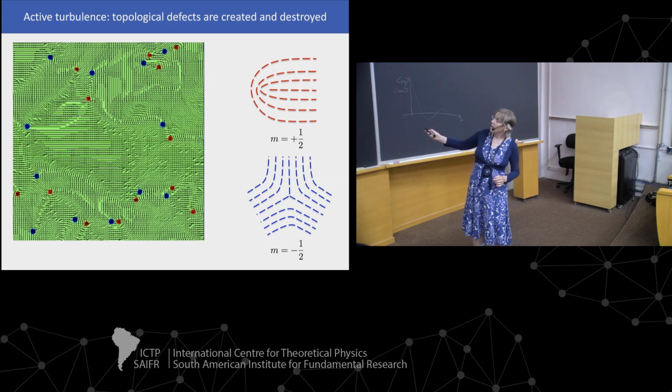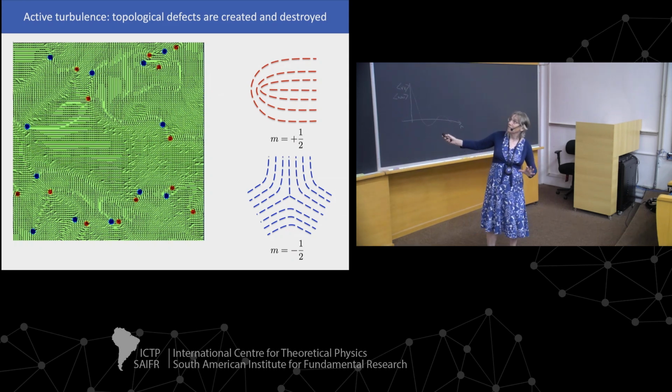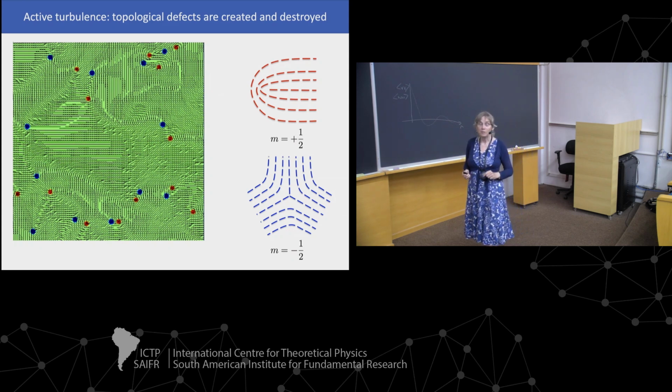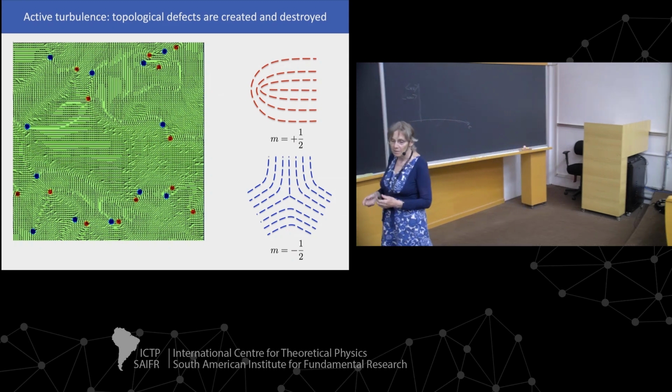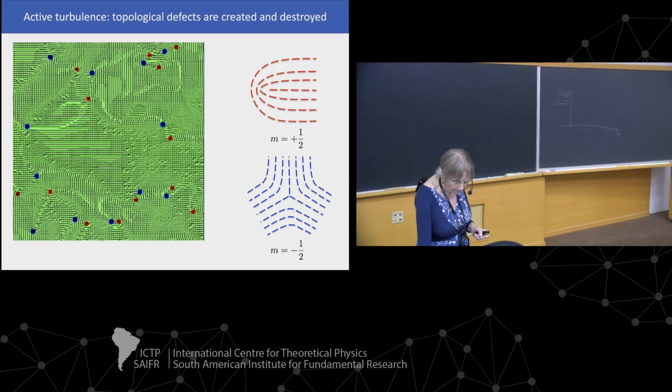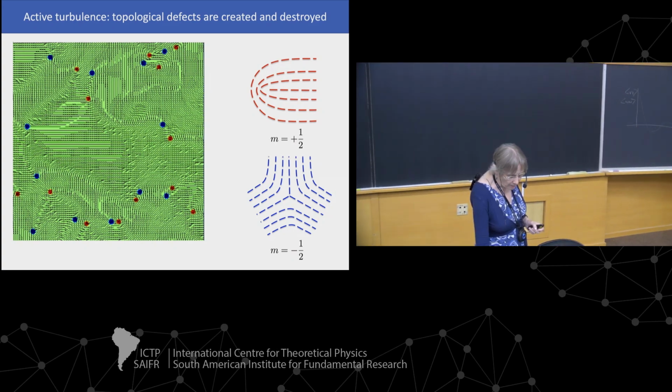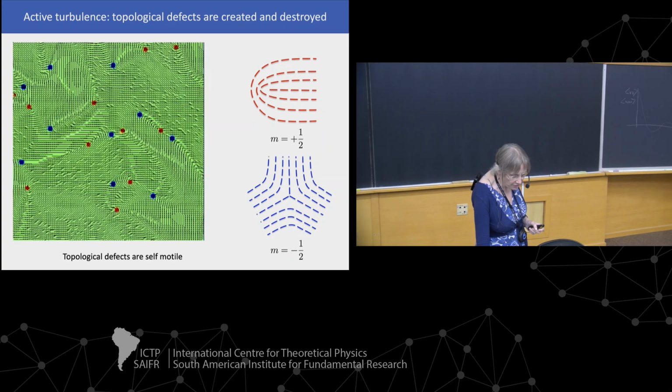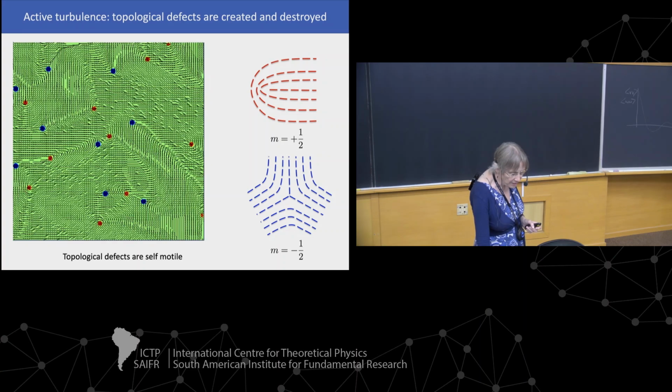This one, again, has gradients, and it sets up flows, but it doesn't move. It doesn't move because the flows it sets up have a symmetry, which means there's no preferred direction, and so you're going to end up with it setting up flow fields around it, but not actually moving. Okay, so topological defects are self-motile.